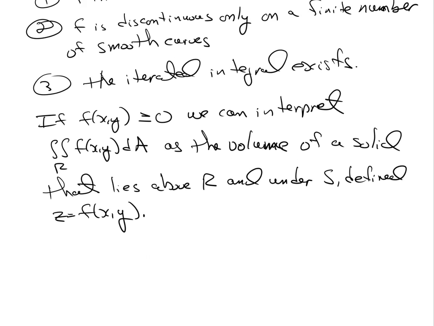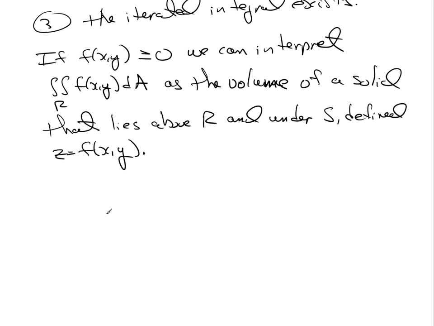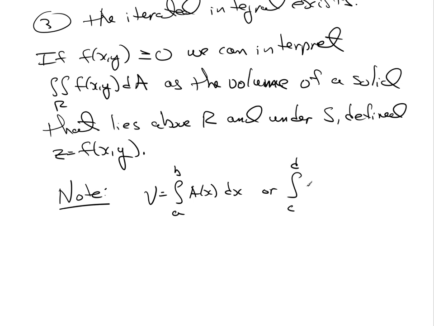Now, just as a side note, just as a reminder from back in Calc 1, we could accomplish the exact same thing if we could find the area of the cross-section of the solid. And that's a big if. But if it's some type of simple cross-section that we could find the area of, then we could find the volume as simply the integral from a to b of A of x dx, or the integral from c to d of A of y dy.